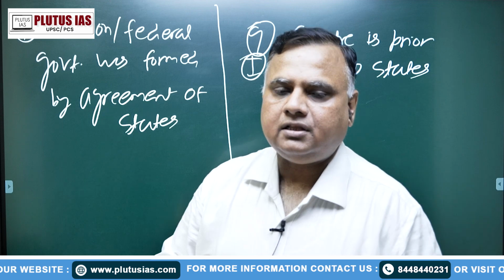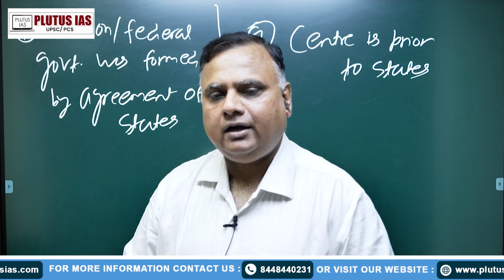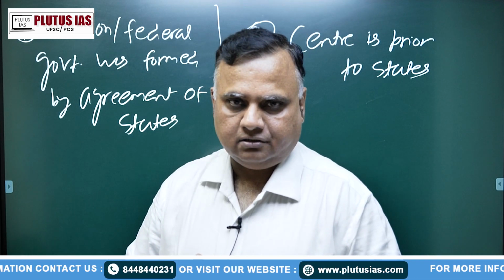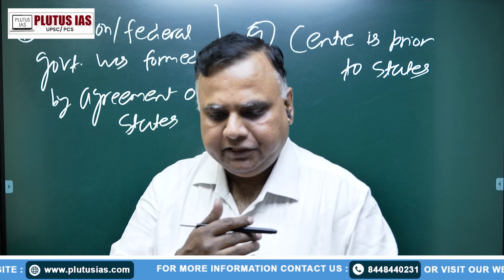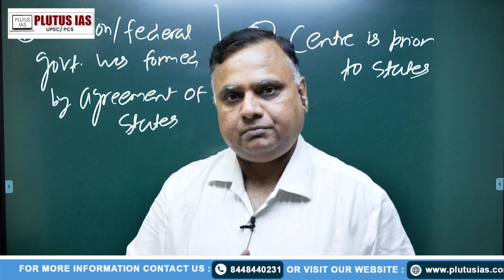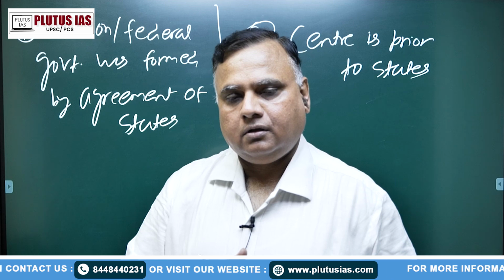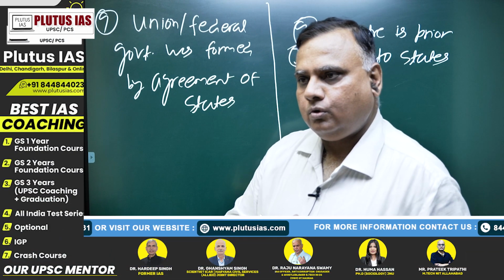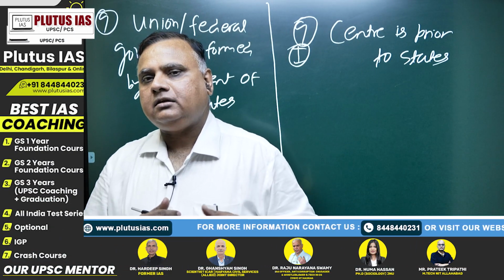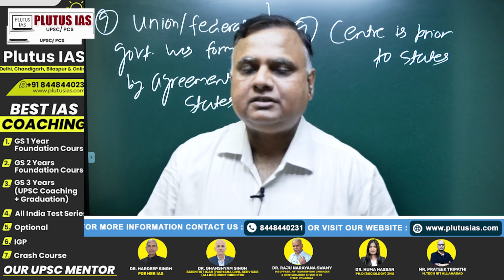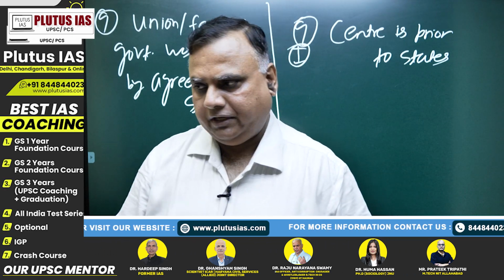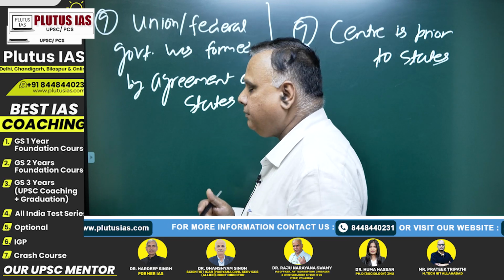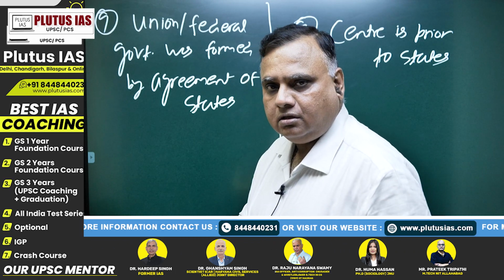In a confederation, there is a grouping of independent sovereign nation states. But in a federation, within the nation state, there are relations between the center and state governments. So we have seen so many differences between center and states, so many distributions of powers and relations.